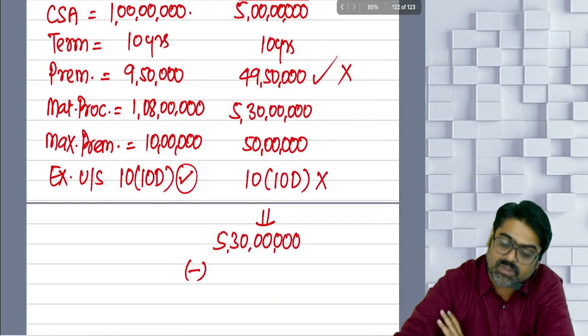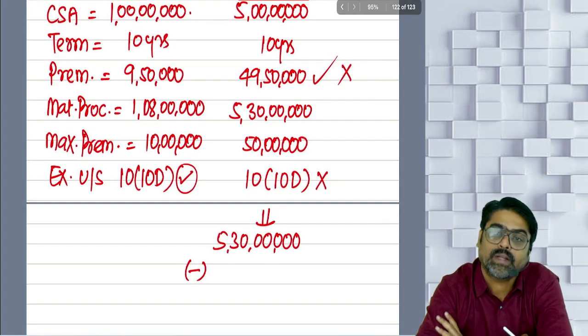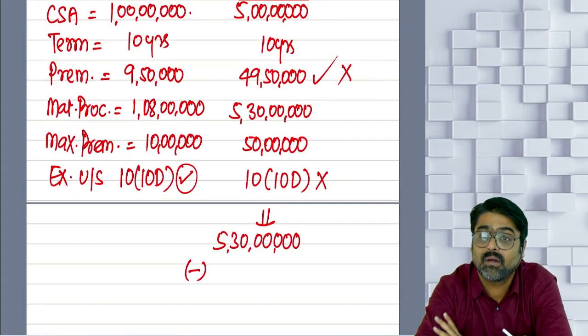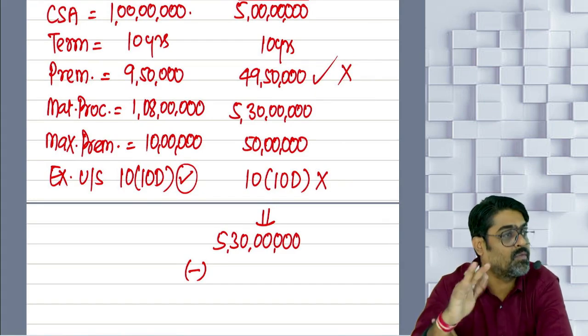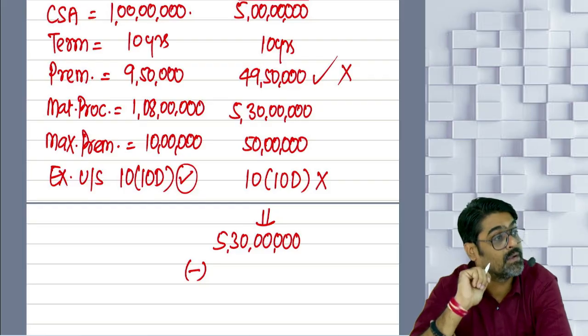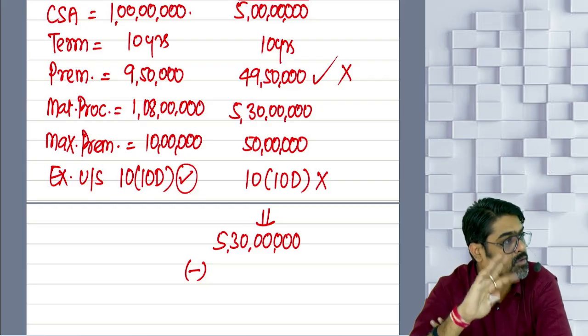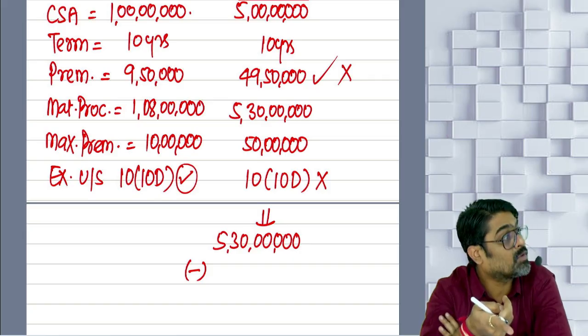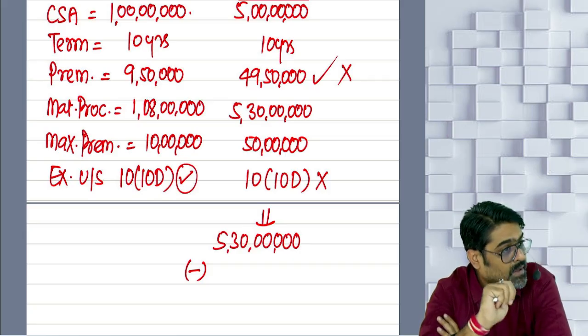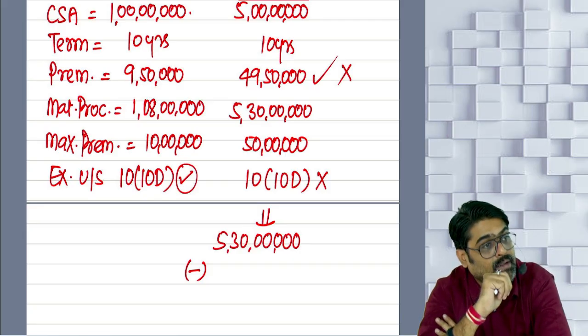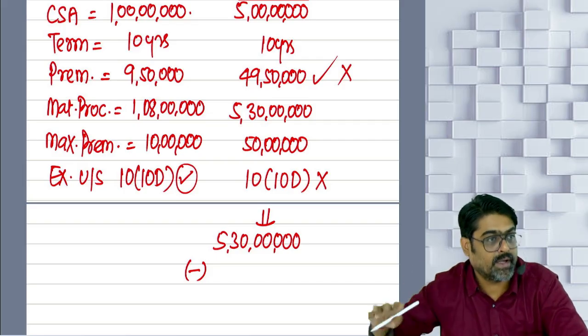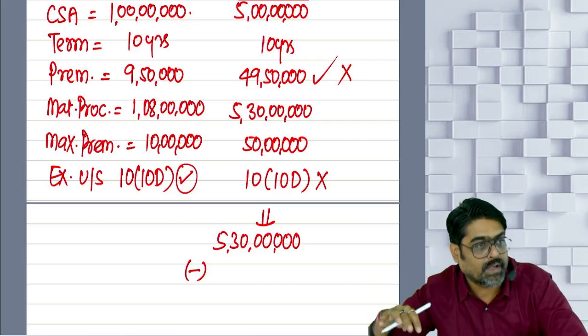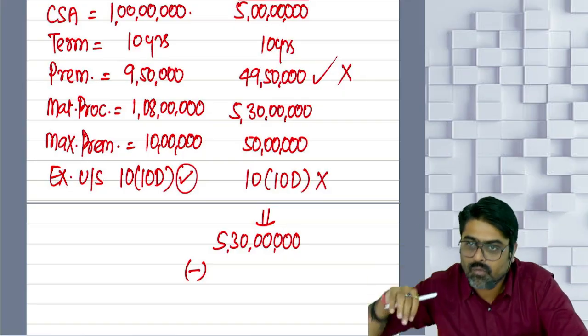So every year how much premium are you paying? 49 lakh 50. But every year you are claiming a deduction of 1,50,000. So how much premium was not allowed every year? 48 lakhs. Out of 49.50, how much was allowed? 1 lakh 50. So how much was not allowed? 48. 1.50 allowed, 48 disallowed.